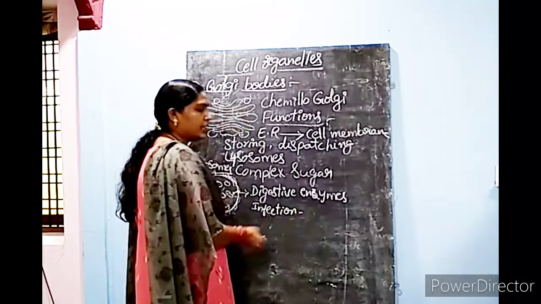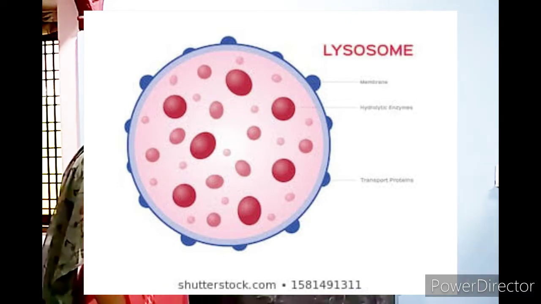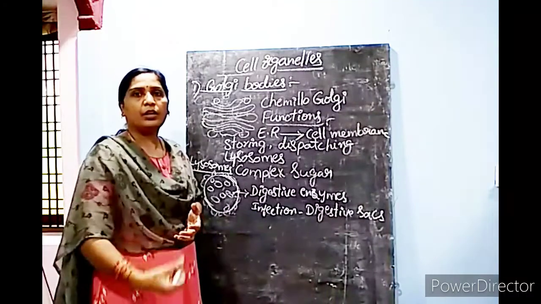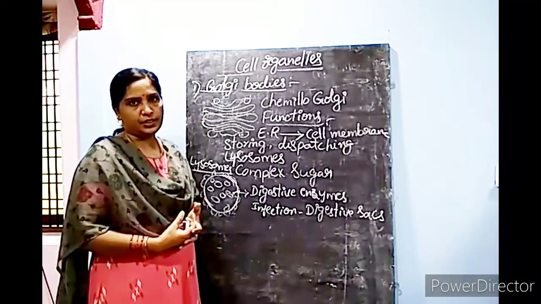So that's why lysosomes are also called digestive sacs. Why are we calling them digestive sacs? Because they are digesting the foreign particles and helping to protect us from infections.